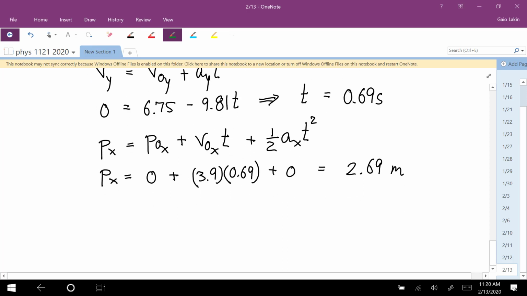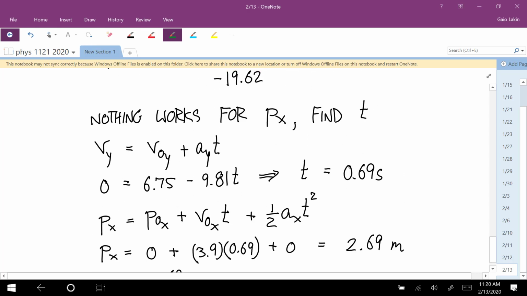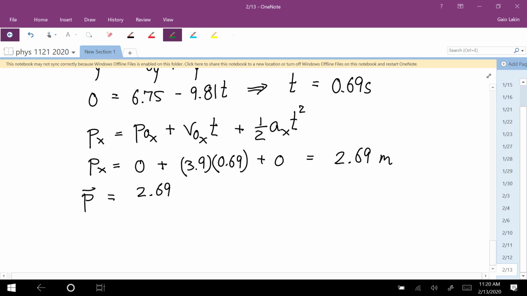And so if we put these together, the position at the highest point is 2.69 for x, and then what we calculated, 4.19 for y.